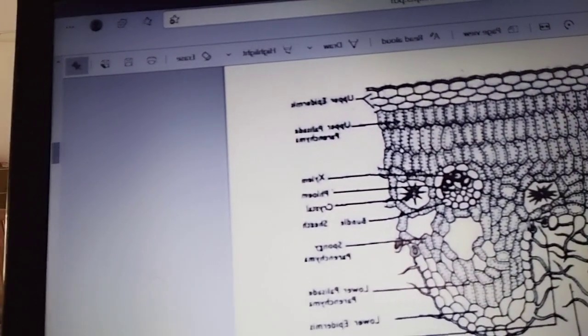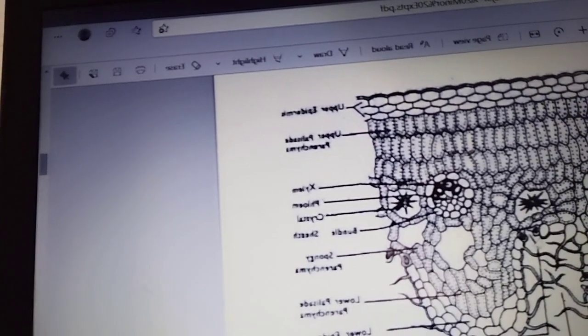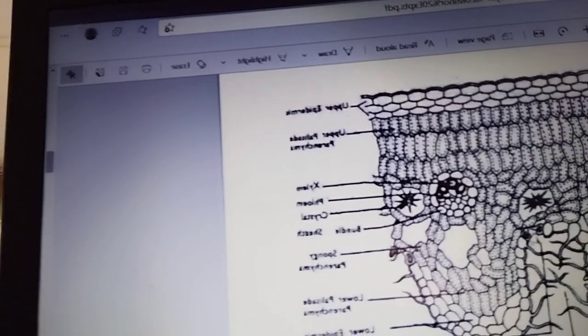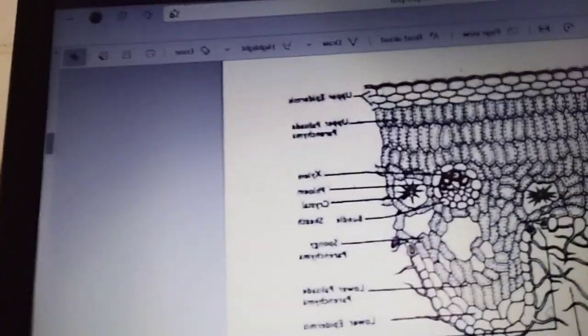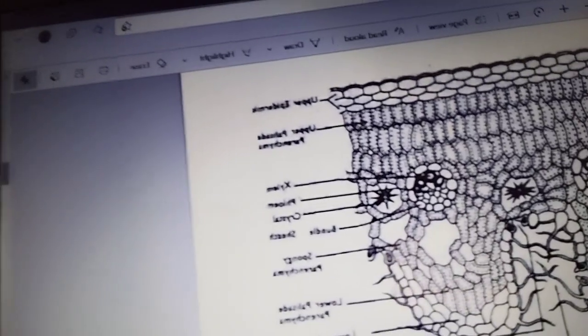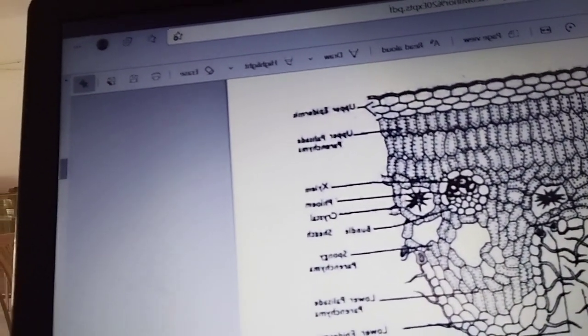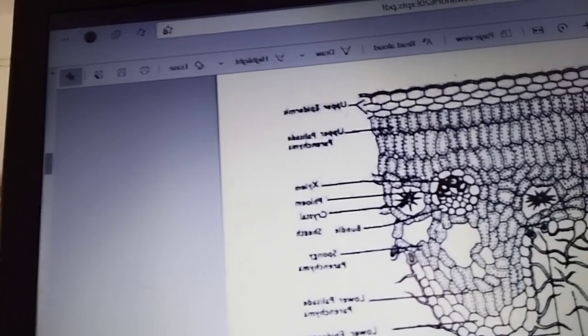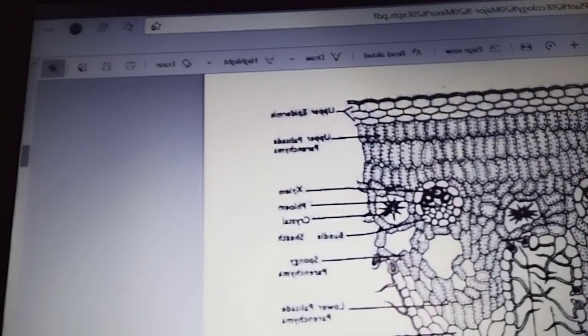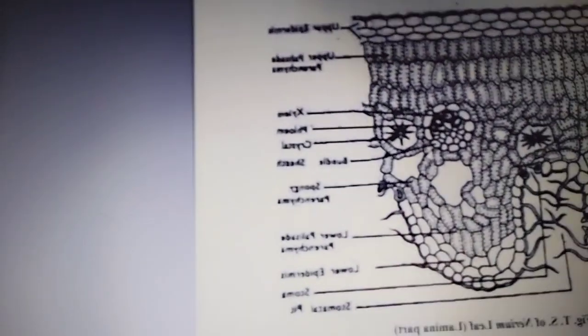This is basically the sunken stomata. These are the stomata, and these are the hairs. The lower epidermis is again multilayered, protecting the plant. These are the anatomical features of this plant that you have to observe.